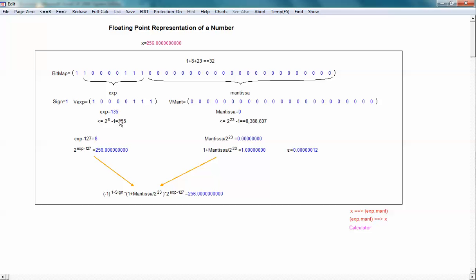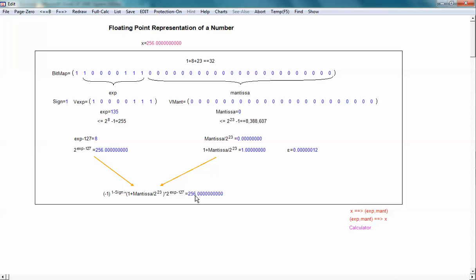And the intermediate value is 135. In other words, the collection of exponent bits in the bitmap translates into 135, but we always reduce that by 127 to end up with the actual exponent. So in that case, this comes out to be 256, just as we would expect it to.